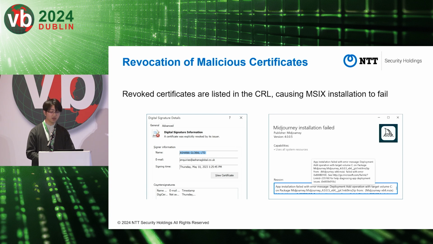In practice, the execution screen displays an error code indicating that the certificate verification has failed. In other words, predicting and revoking the certificates that are likely to be abused can serve as a highly effective countermeasure against this attack campaign.